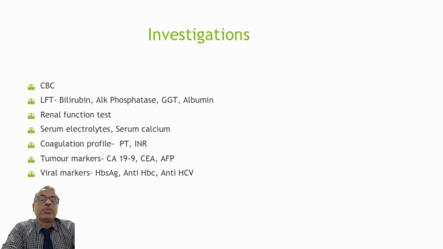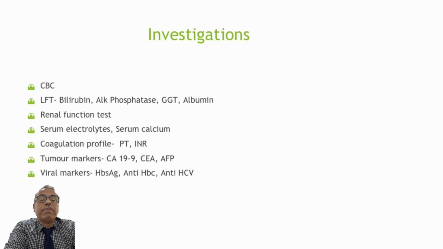With alkaline phosphatase, we also do gamma glutamyl transferase, because alkaline phosphatase has other sources also, like bone, osteoblastic. So to differentiate whether it is from bone or from the liver, we always do gamma glutamyl transferase. And when GGT is also elevated along with alkaline phosphatase, then we say that this alkaline phosphatase is of hepatic origin.